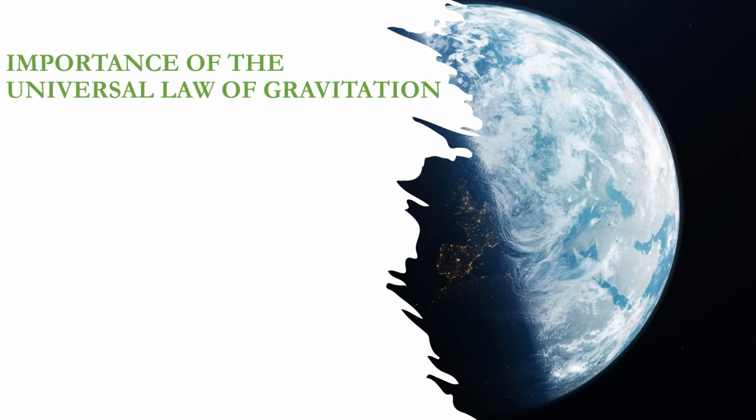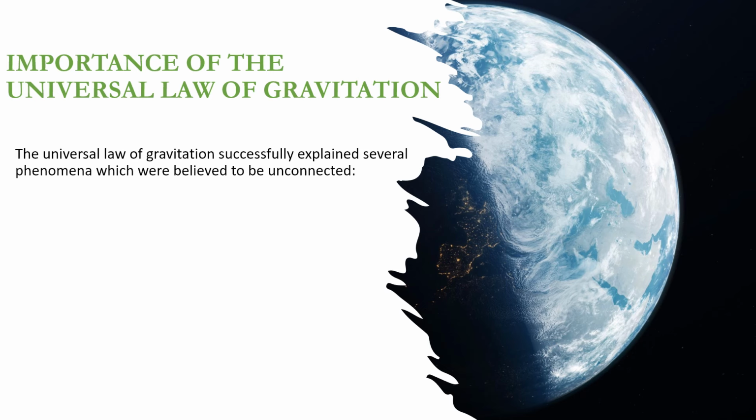All right. Now we answered two questions. Now summarize this subtopic of gravitation. What is the importance of the universal law of gravitation? Let's see one by one. The universal law of gravitation successfully explained several phenomena which were believed to be unconnected long back.